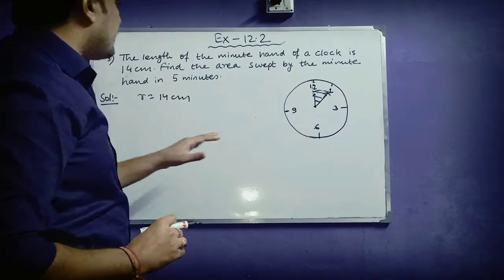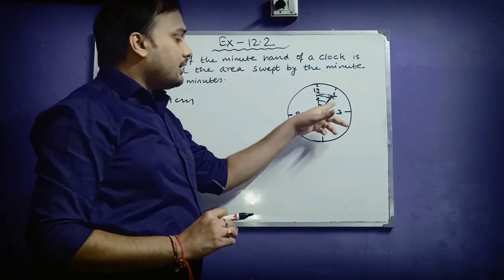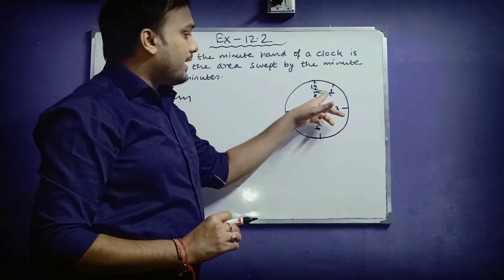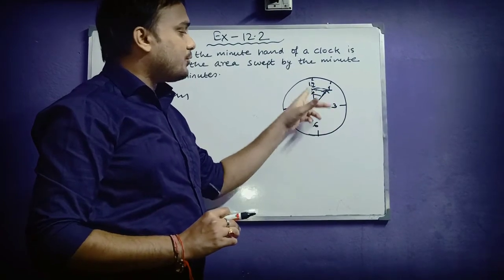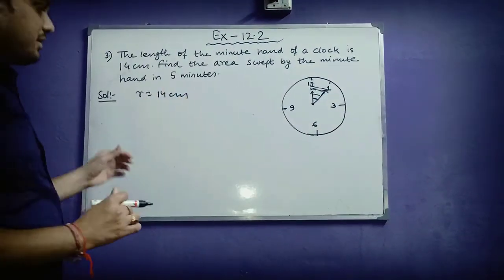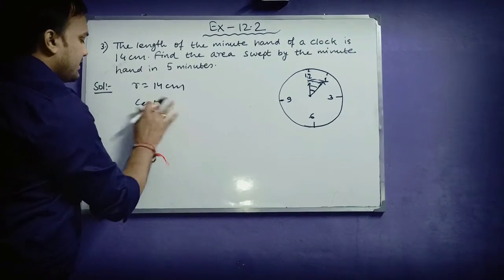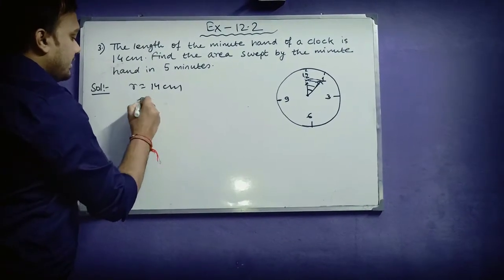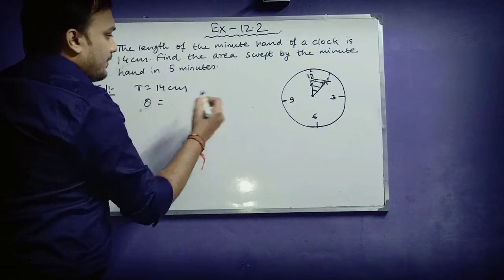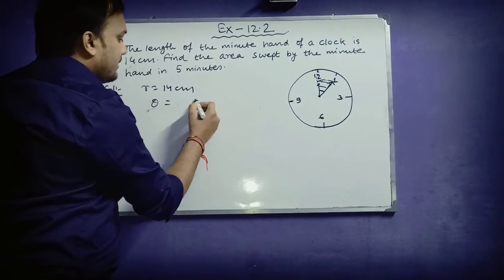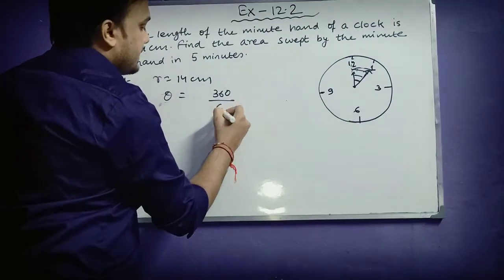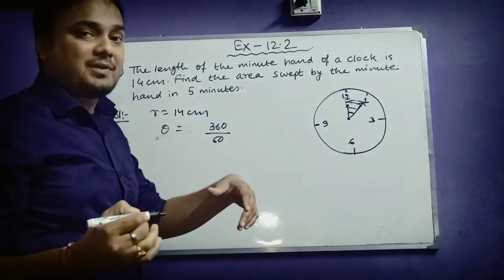So how will we know the central angle? That is the angle moved by this minute hand from 12 to 1, which is equal to 5 minutes. Theta will be, for 1 minute, 360 degree by 60.